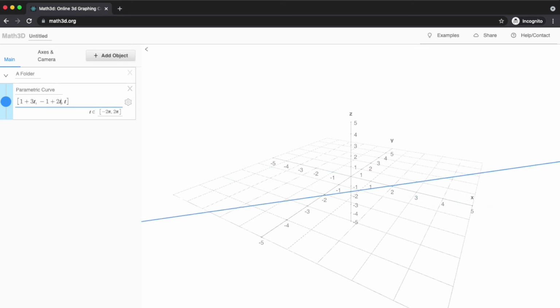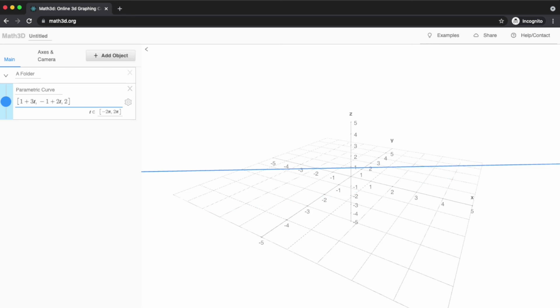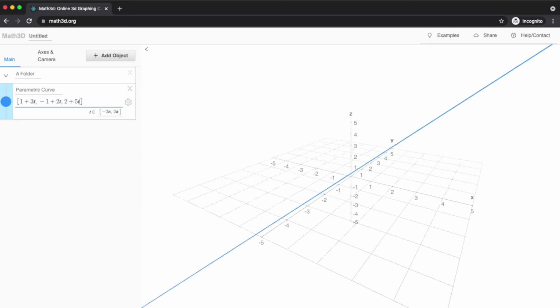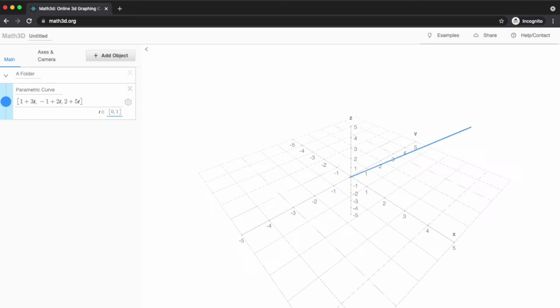And the last component is 2 plus 5t. And the thing to keep in mind is that we don't want t to range over arbitrary values. We want t to start at 0 and to end at 1. And so there's our line segment.